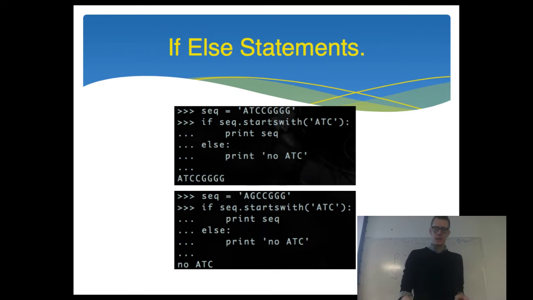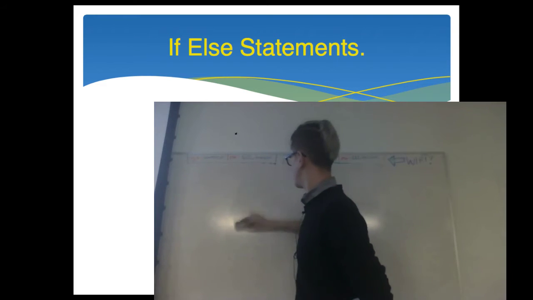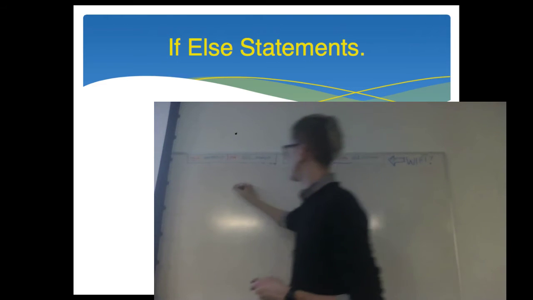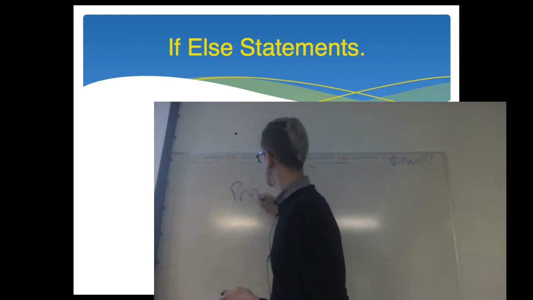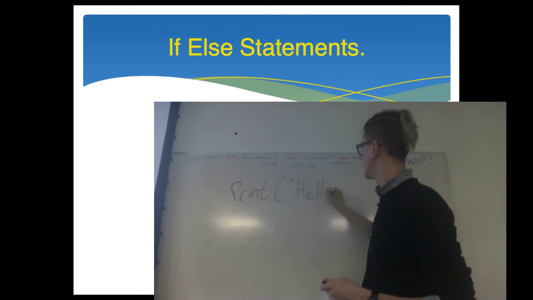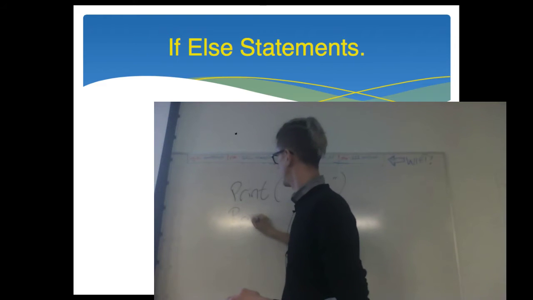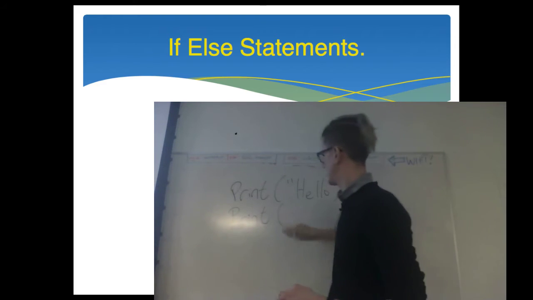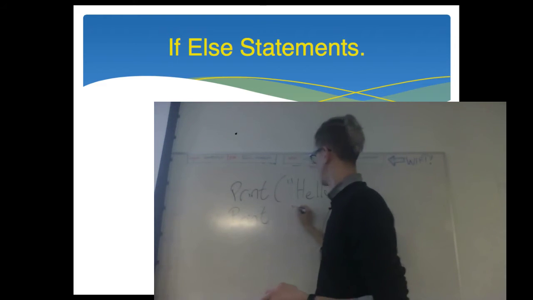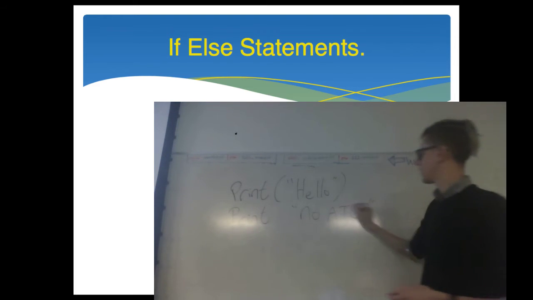Now you'll note my print statement here might look a little different. Previously we've always been running print hello world with brackets, and here you see I'm running print without the bracket, no ATC.